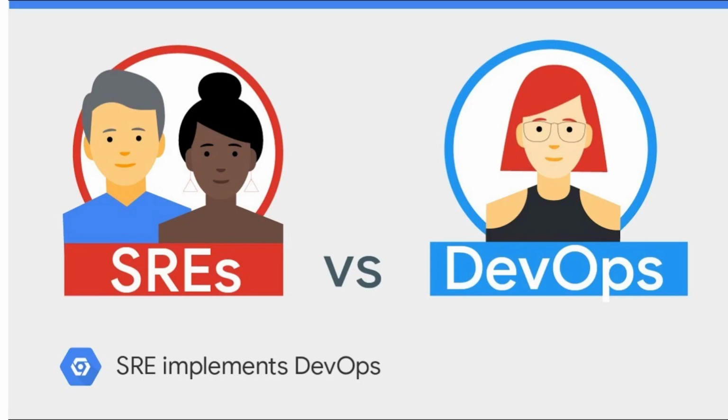For the differences between the two concepts, SRE hones in on system reliability, making it highly available and performing seamlessly. For instance, we can fix some objective like the three nines.